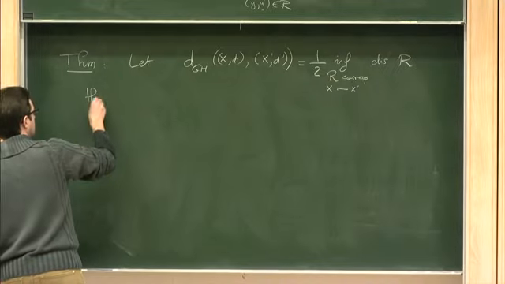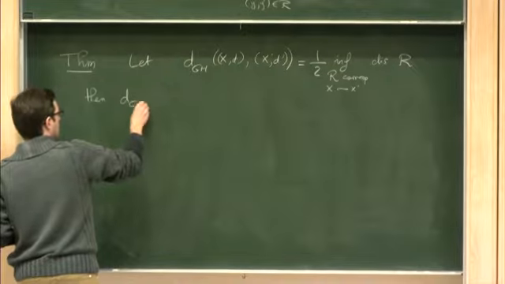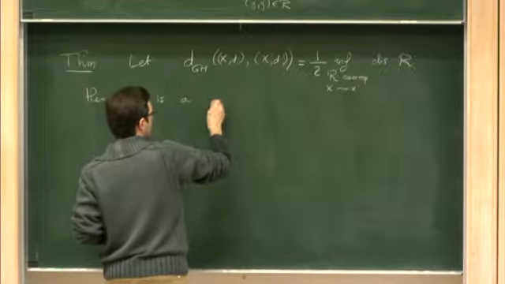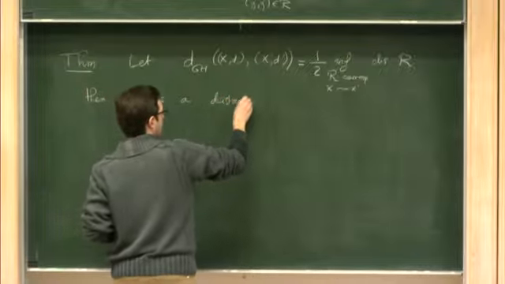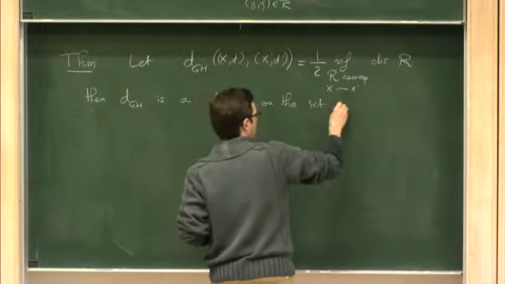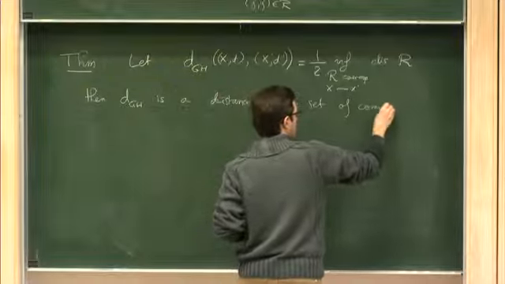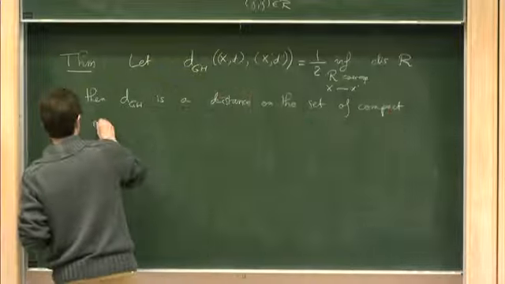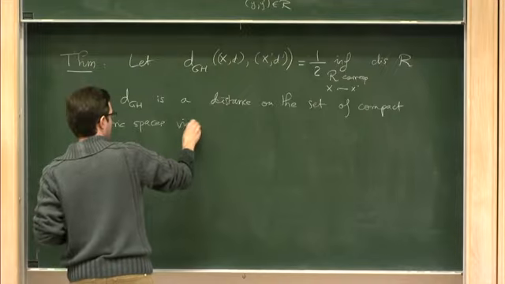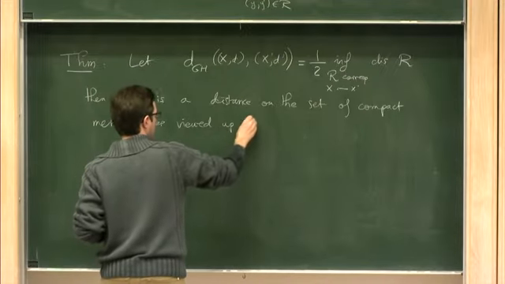Then d_GH is a distance on the set of compact metric spaces viewed up to isometry.